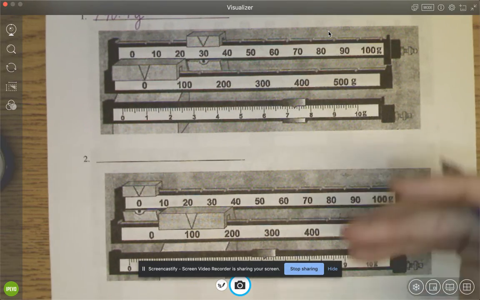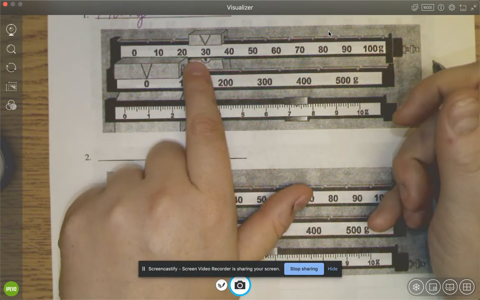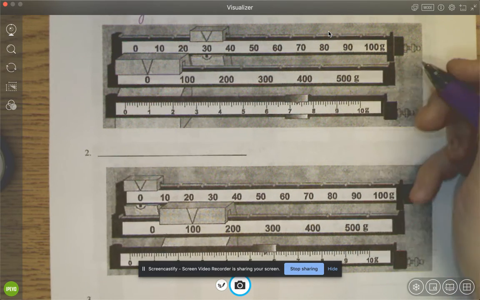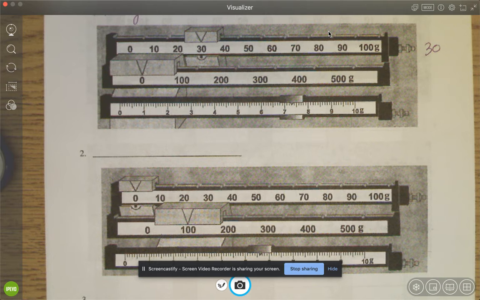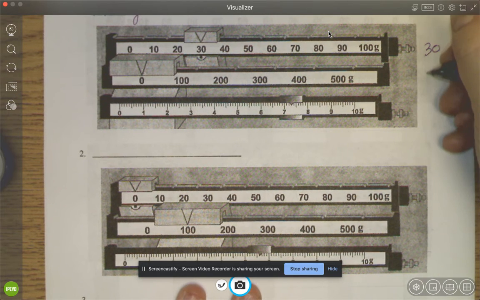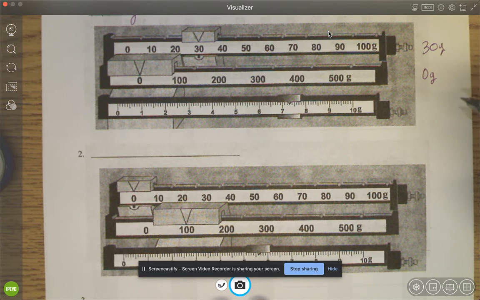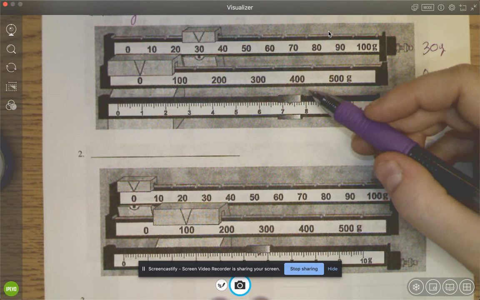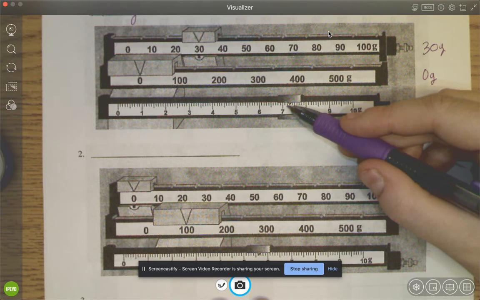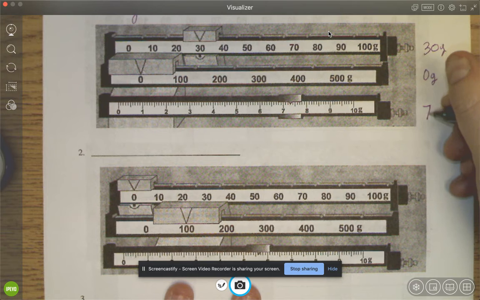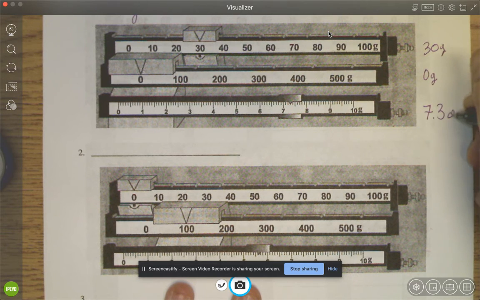So our tens are right here. Our tens are at 30, right? Our hundreds are at 0. Make sure to add grams. And then our ones is going to be 7.3 grams.